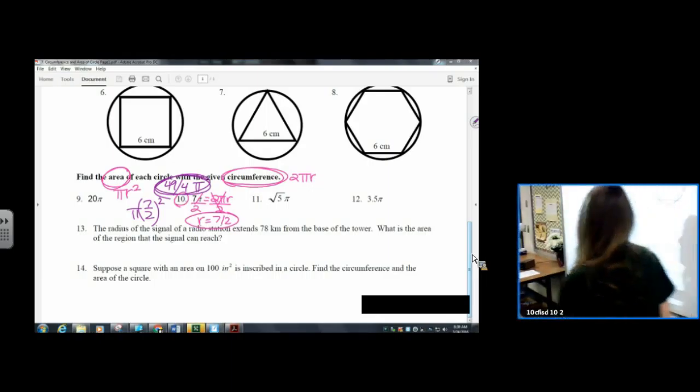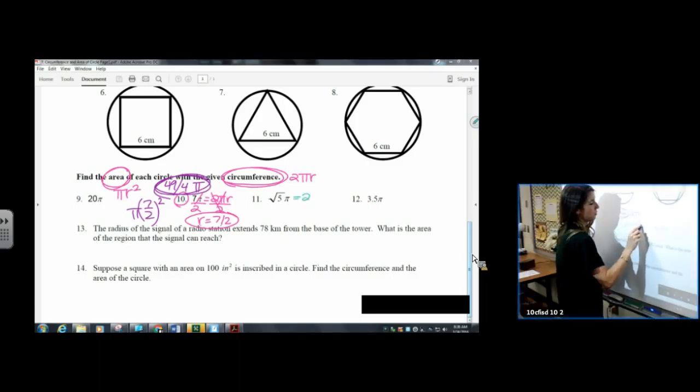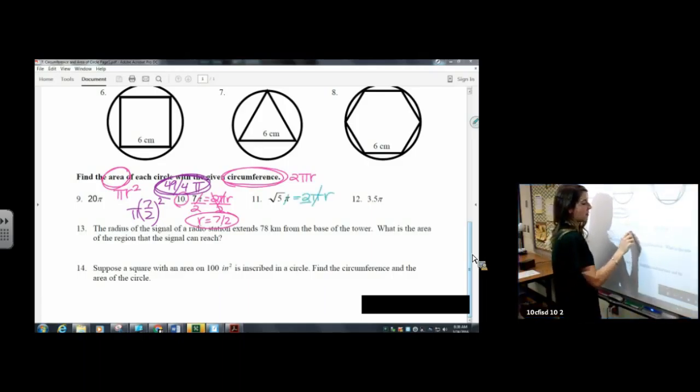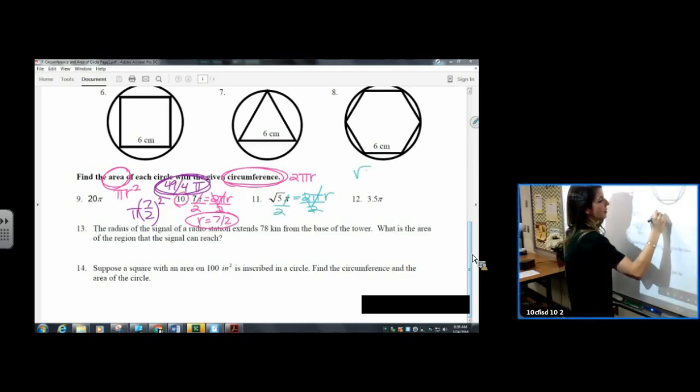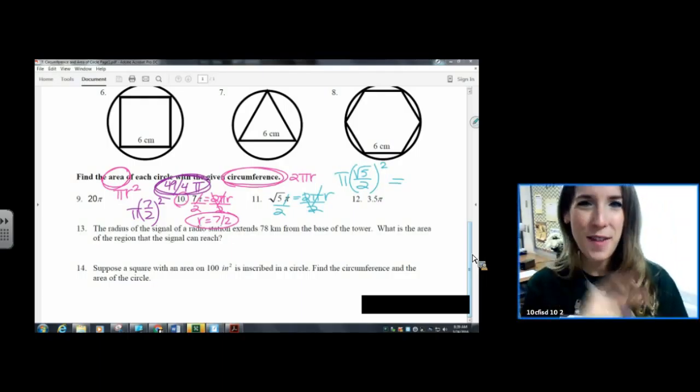Okay, let's do the same thing to number 11. Same thing, different numbers. 2 pi r. The pi's cancel. Divide by 2, divide by 2. So the radius is square root 5 over 2. Pi r squared. So we're going to square root 5 over 2.